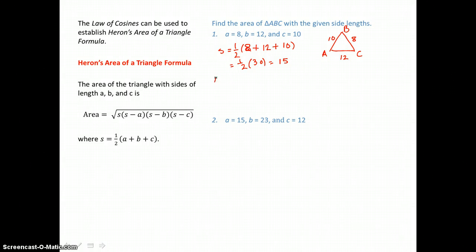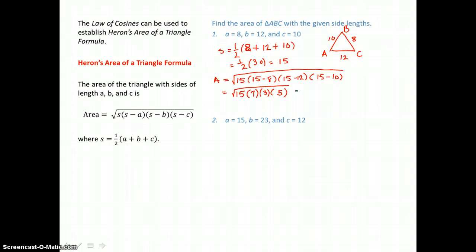So now we can plug that into Heron's area of a triangle formula, because we can find it by getting the square root of S, which is 15, times 15 take away one of the sides, times 15 take away a second side, times 15 take away the third side. And now I'm going to simplify that a bit before I put it in my calculator. So I have 15 times 7 times 3 times 5 underneath that radical.